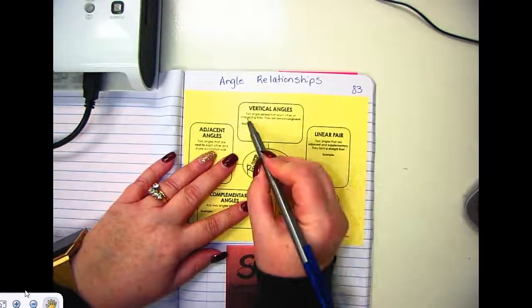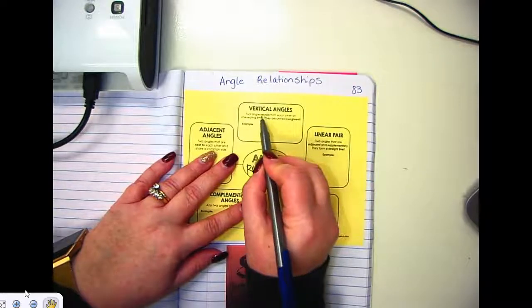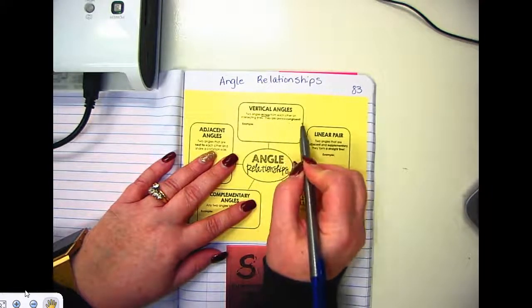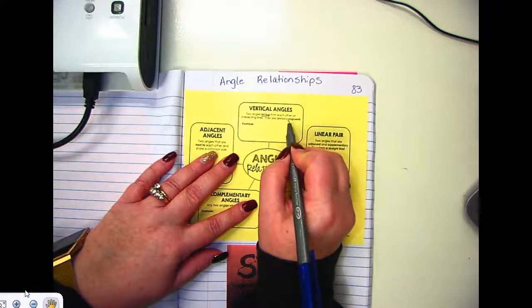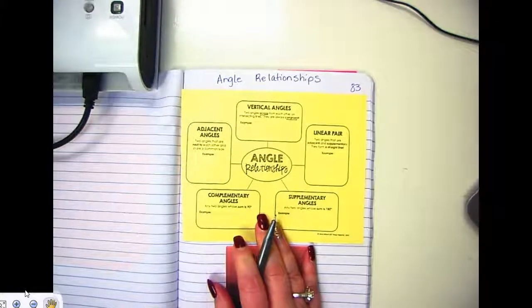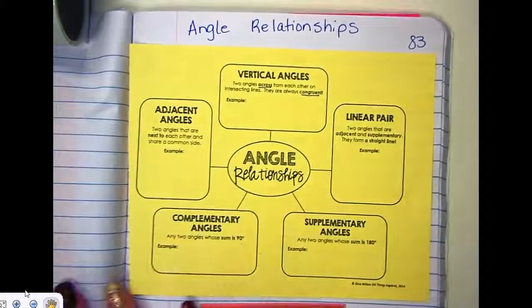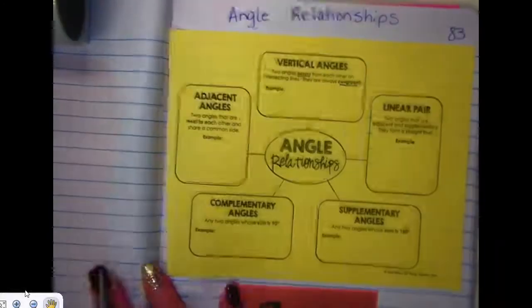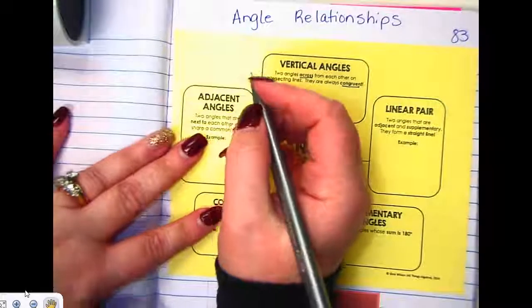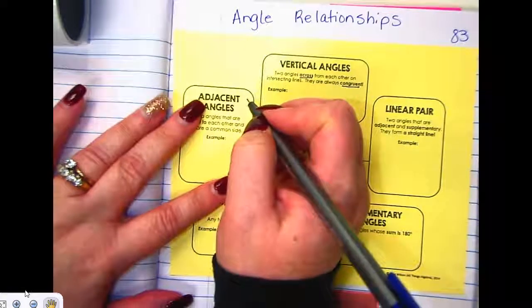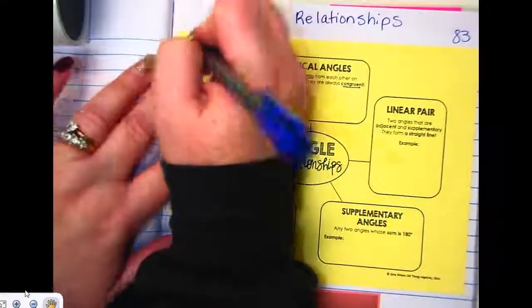Vertical angles. Two angles across from each other on intersecting lines. They are always congruent. Who remembers what that word congruent means? Give it a try. Same. Nope, they're exactly the same. They are the same shape and the same size.